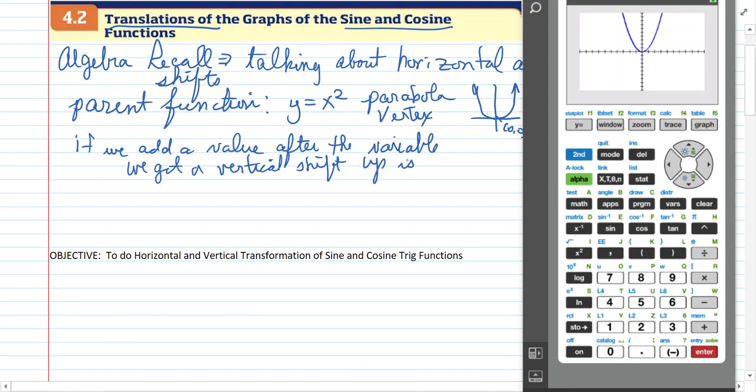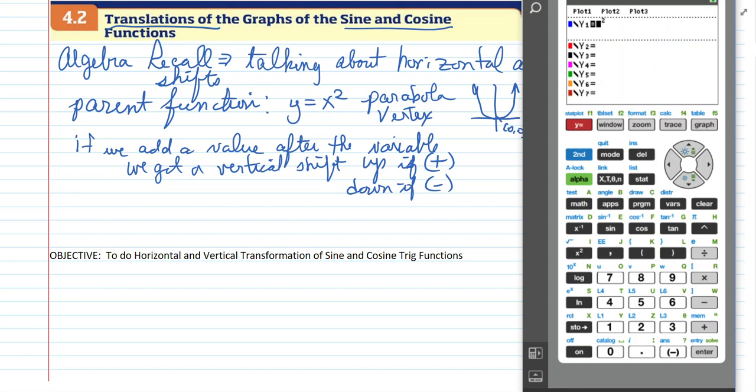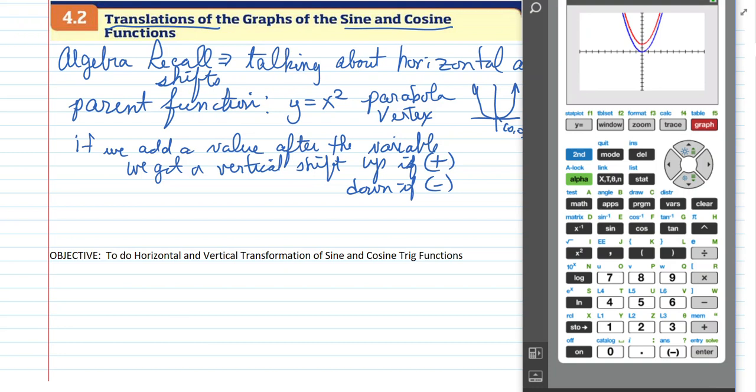Up if positive, down if negative. So let's do that. We're going to go to the y equals, and we want to move it up. So we're taking the parent function, entering x squared, and we're going to add 2. And we're going to graph it. So we can see that it moved up 2. Nothing else changed except it's plus 2 to every ordered pair.